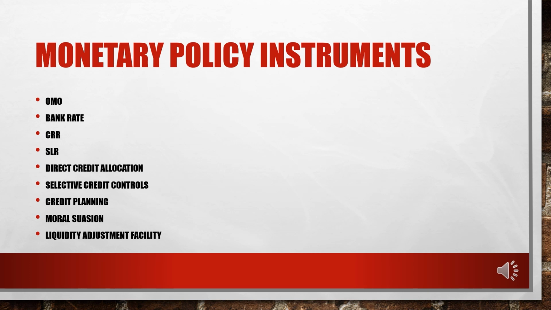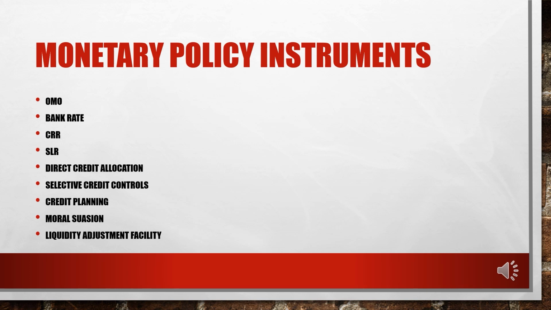So if the loans can be restricted, automatically it can discourage hoarding, and price fluctuations can also be controlled through that, right? Selective credit control is a very old measure. So RBI uses it as one of the monetary policy instruments wherever it is required.